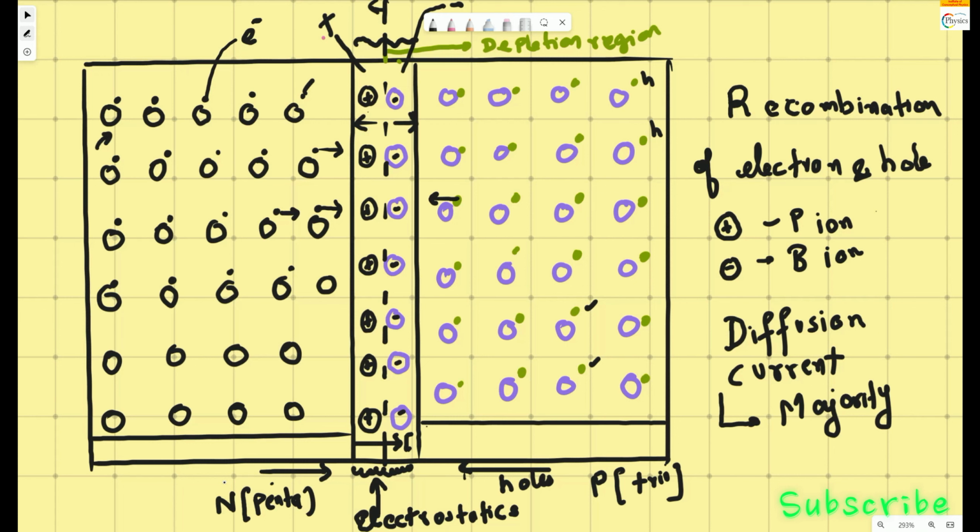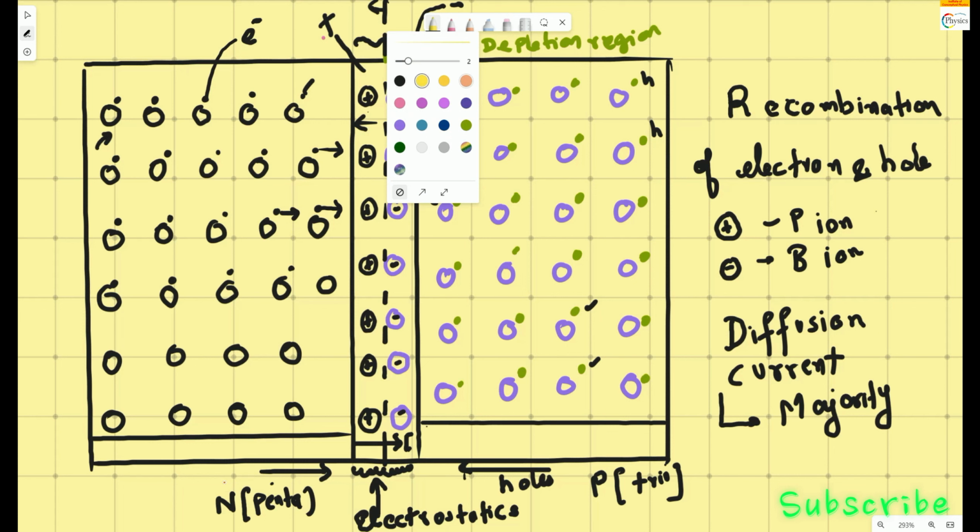And finally, this is what happens. There is a depletion region that gets created, and the depletion region has power. This particular positive charge, the positive potential side which I drew, I will just show it to you again so that you can identify easily, right?